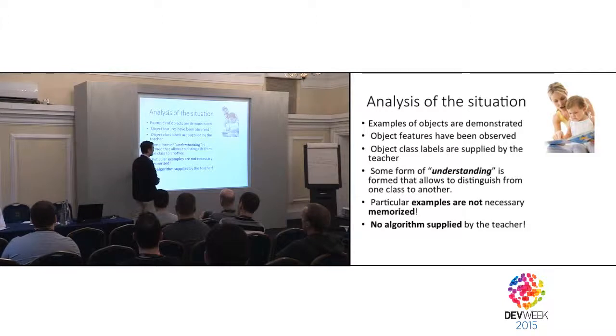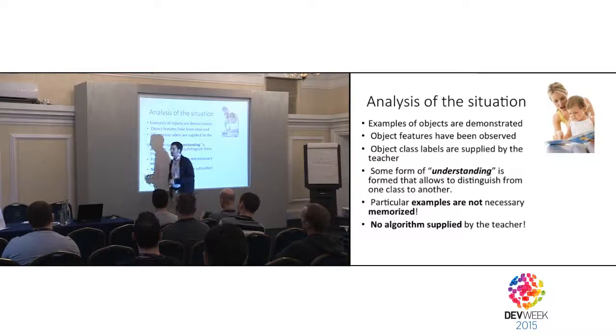Interestingly, particular examples are not memorized. So our brain is not an SQL database of images. And you can easily verify that by trying to, for example, draw a sketch of your spouse or of your children. Unless you are a professional artist, you cannot repeat the patterns that you saw.